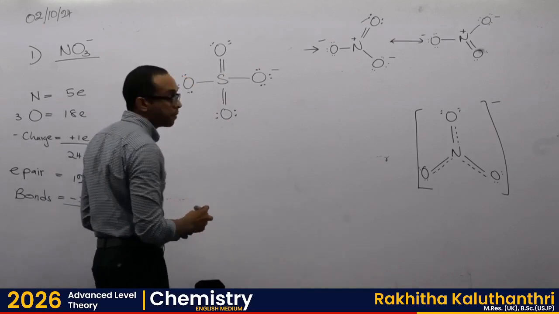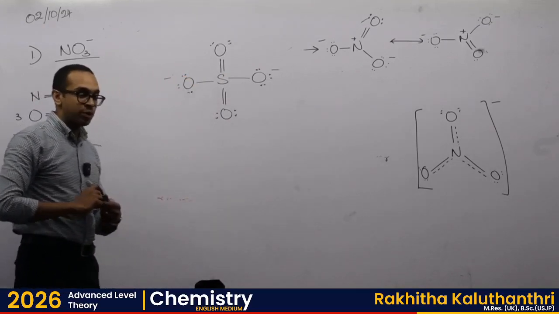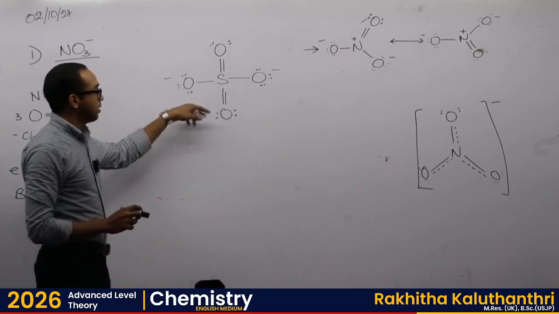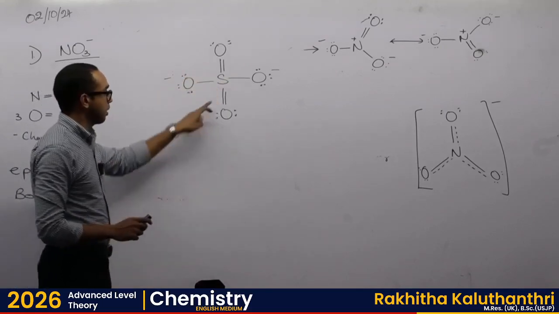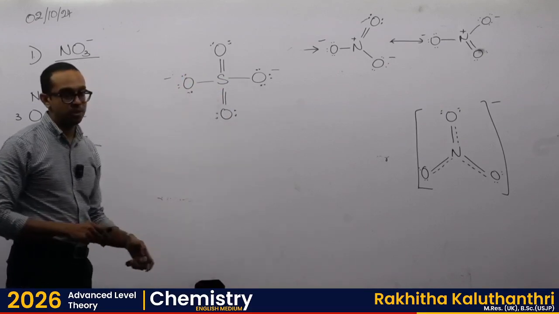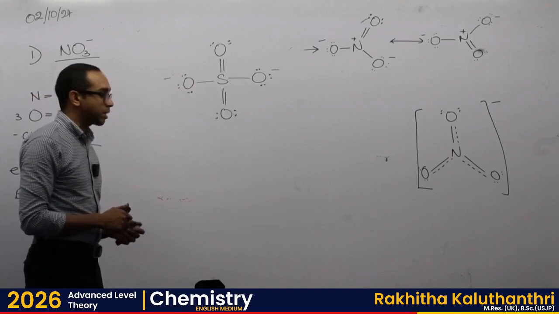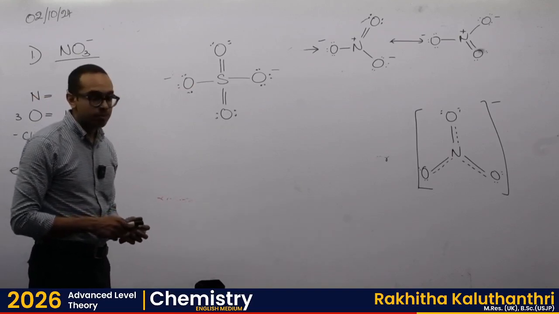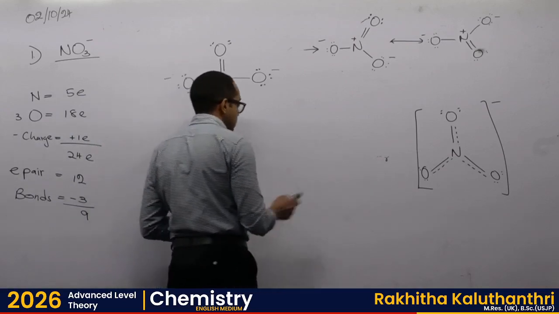Is that clear? So you can keep on shifting electron pairs. Then the double bond will shift from here again to here, and sometimes adjacent atoms can have double bonds. So you can show the shifts. I think about 6 Lewis structures can be drawn, and those are all equivalent Lewis structures.